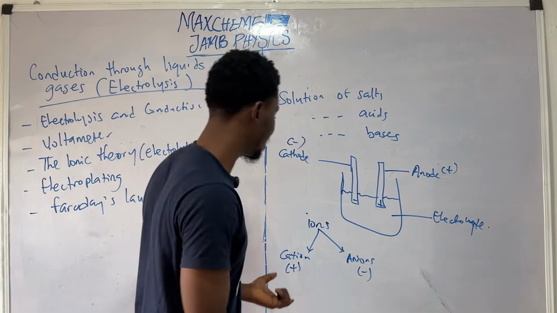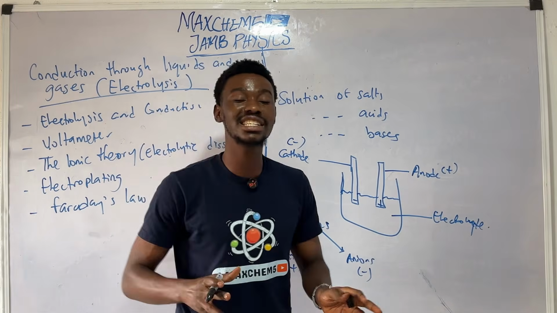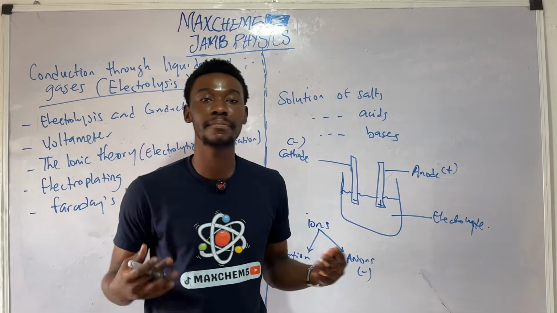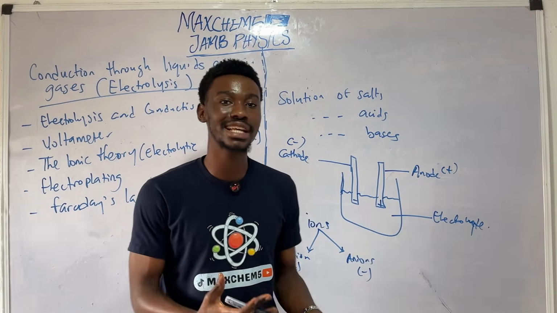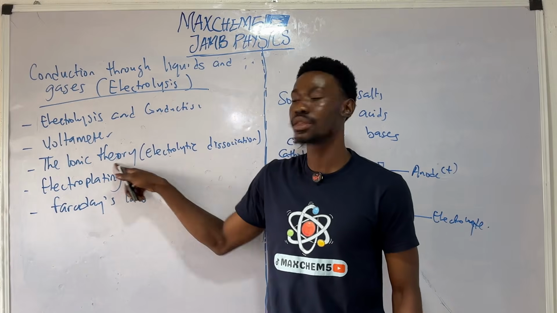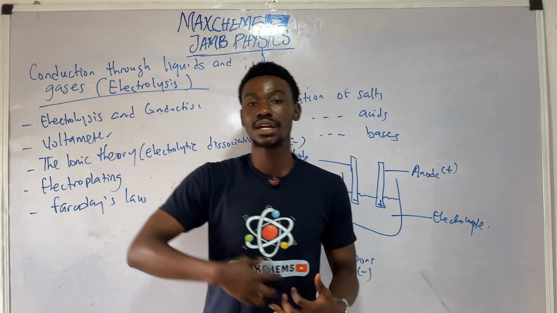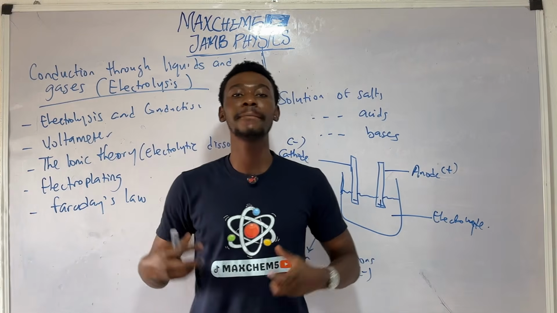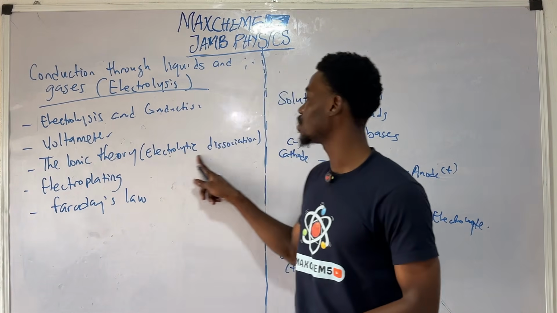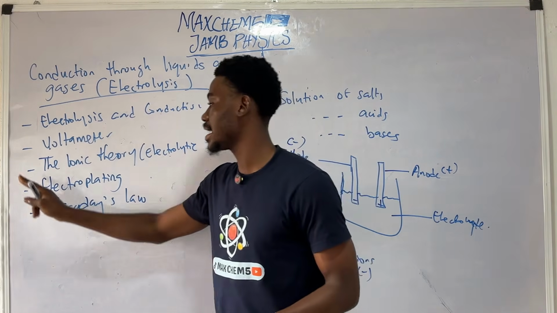Due to this separation of cations and anions forming ions is what allows the free flow of current and what permits liquid to conduct electricity. So this theory is known as the ionic theory. And the separation of an electrolyte into cation and anion to permit the free flow of electricity is what we call electrolytic dissociation.